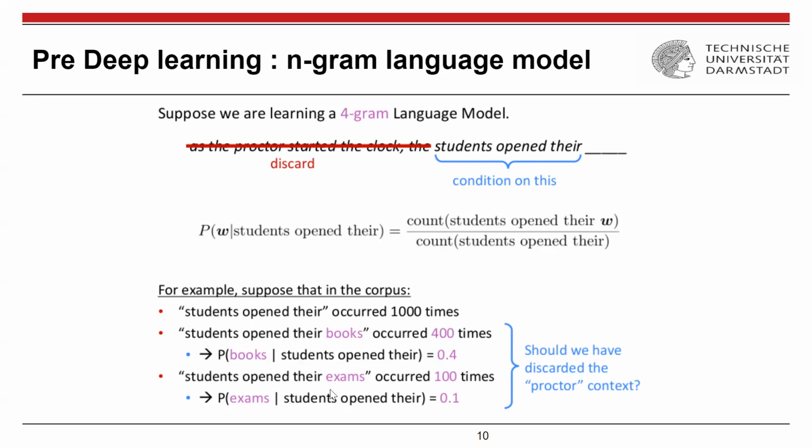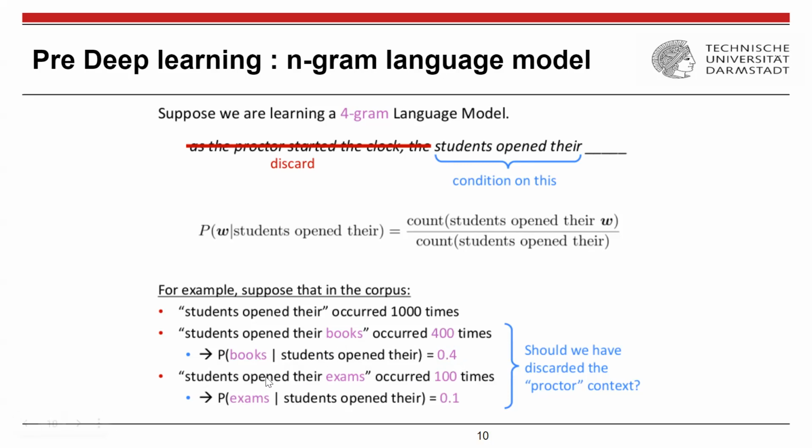As an example, let's say you have something like "students opened there," and that occurred, let's say, 1,000 times, and "students opened their books," this is a 4-word sequence, and it occurs 400 times. Then the probability of getting "books," given the sequence "students opened their," will be 400 by 1,000, that is 0.4.